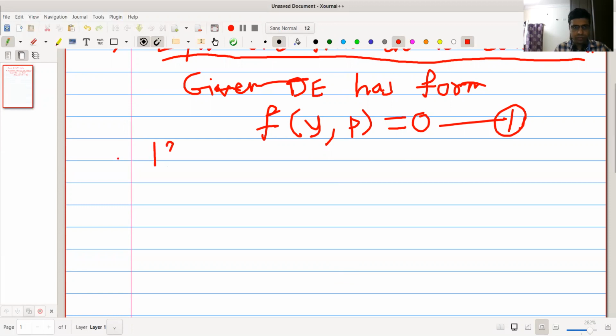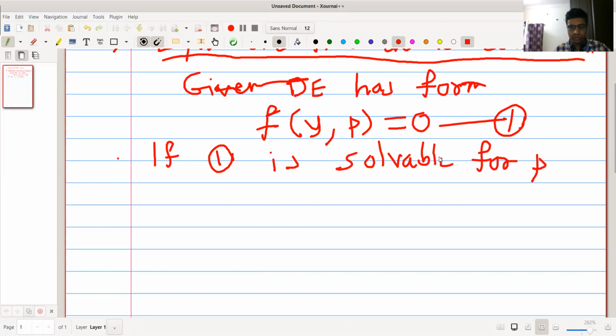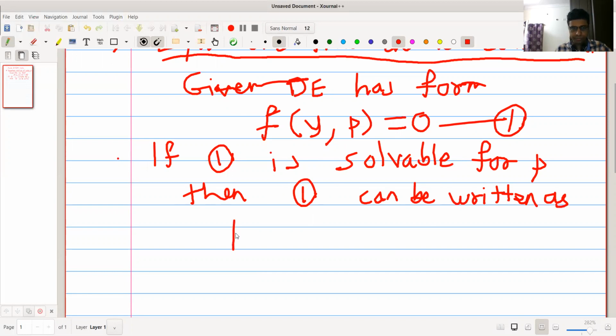So if 1 is solvable for p, then we can rearrange equation 1 as p equal to some function of y, say phi of y.